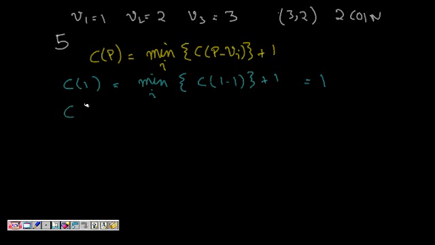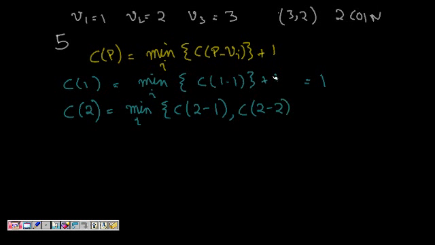Now to make change for 2, what will I do? I will take the min over i of C of 2 minus Vi. I can use 1 as a change, I can use 2 as a change, but I cannot use 3 because it is going below 0.